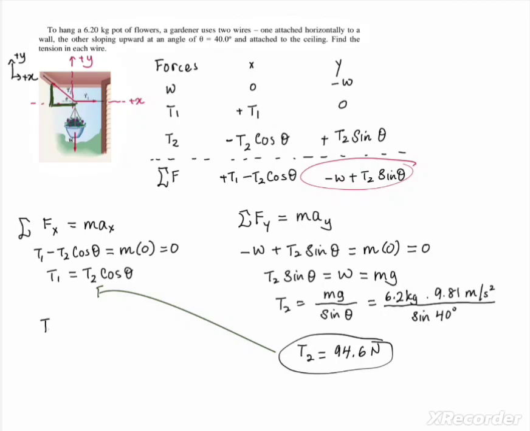So we have T1 equals 94.6 times cosine of 40, and that gives us T1 equals 72.5 newtons. Remember, the unit of tension is newtons because tension is a force.